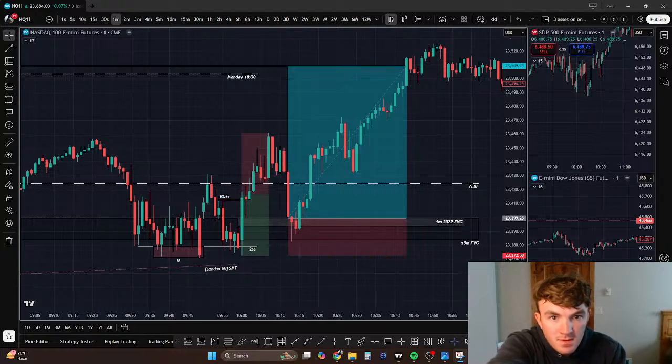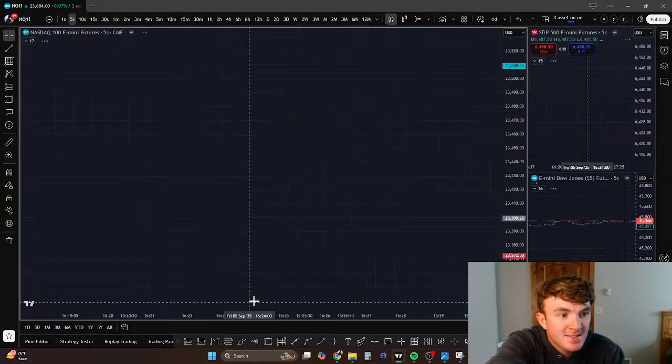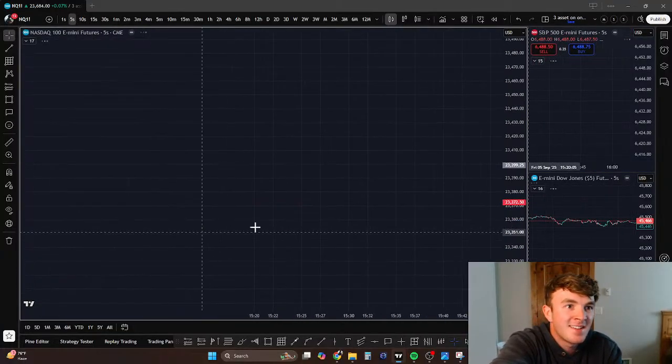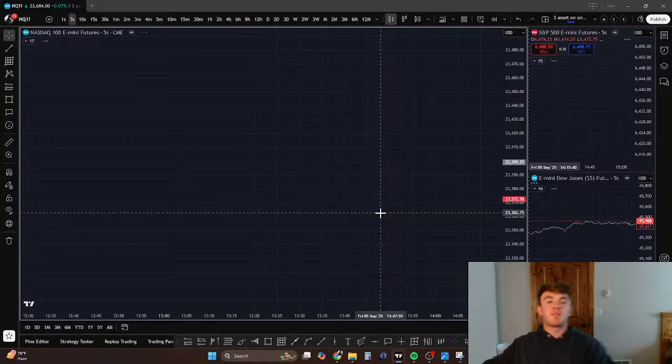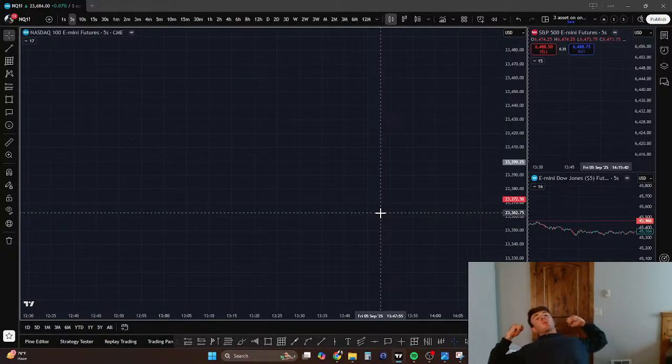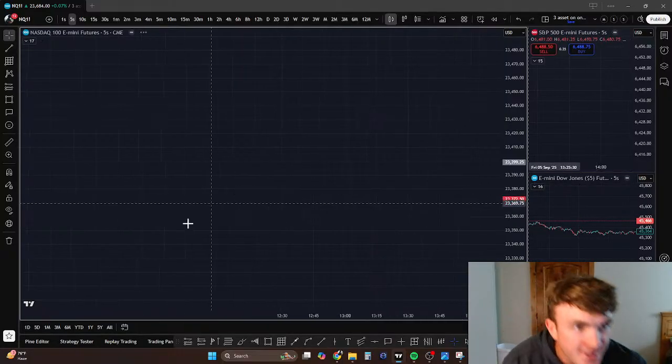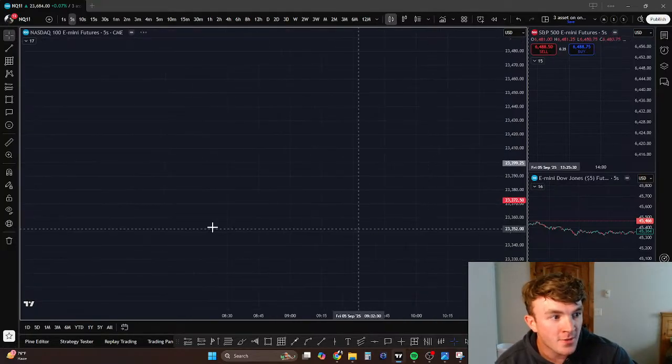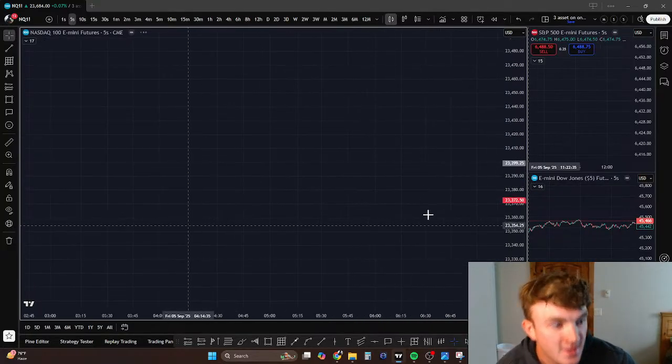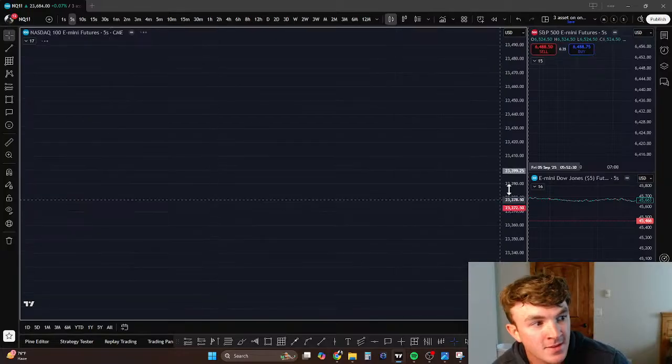Save. Once again, we can align this with the 5 second. And I call this the 2022 plus model because we're waiting for lower time frame confirmation off of our 2022 gap, which since it's a 1 minute 2022 gap, I'm aligning it with the 5 second.